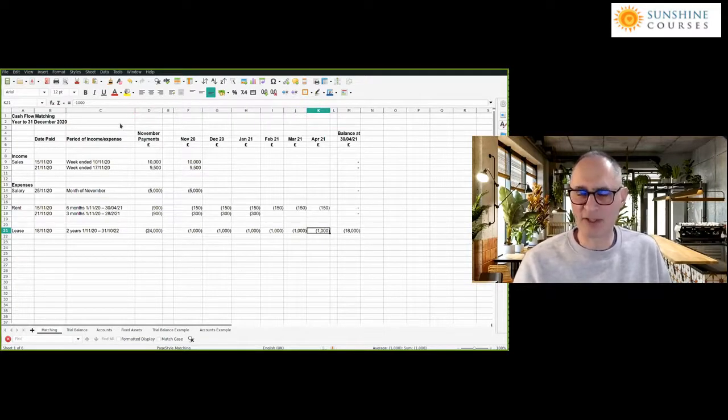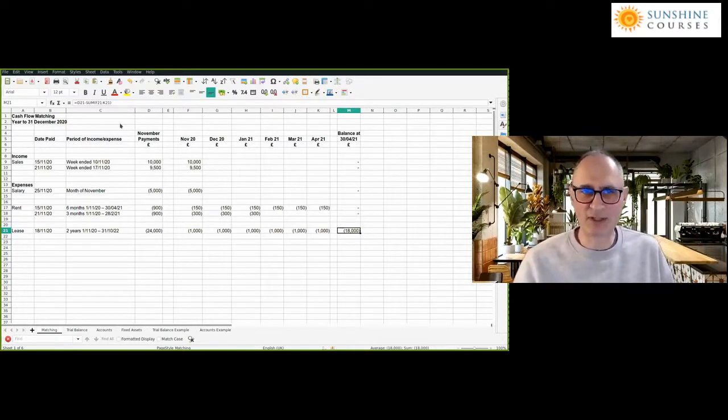But this is interesting. I paid out £24,000. But if I stop the clock as at the end of April, the 30th of April, I've used up £6,000 of the £24,000. But look, there's a further £18,000 I haven't used up yet. I'm starting to give you a hint of what a balance sheet is all about.